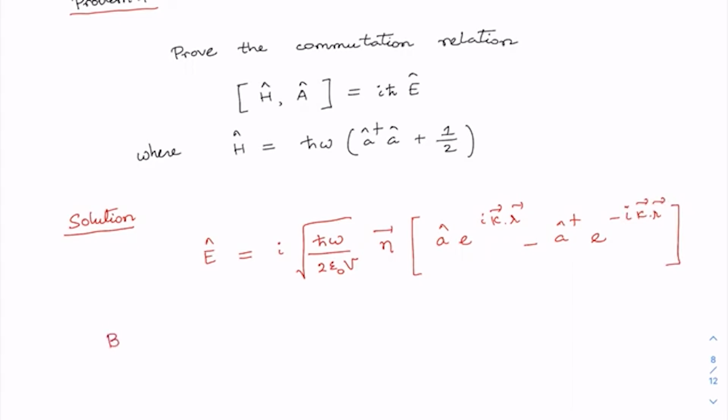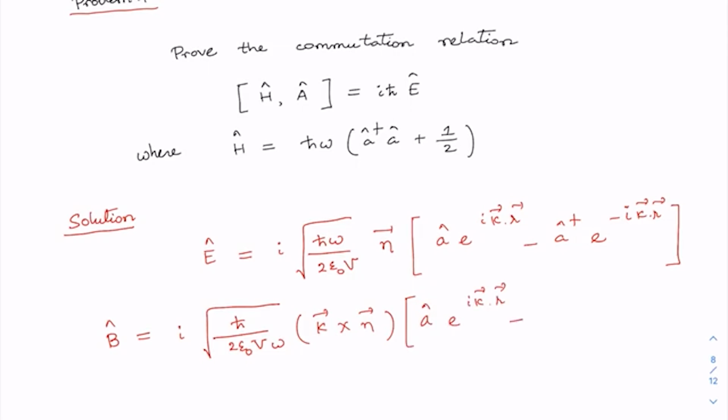And the magnetic field, we know the expression was i ħ divided by 2ε₀Vω, square root, k × η, and we had a e^(i k·r) minus a† e^(−i k·r).